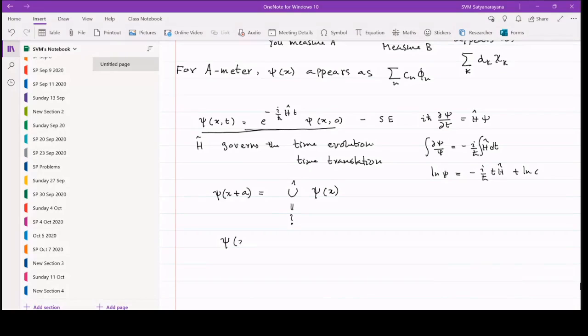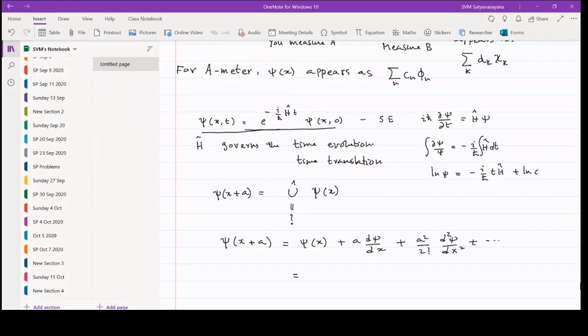For example, suppose I take this psi of x plus a and do a Taylor expansion: psi of x plus a into d psi by dx plus a squared by factorial 2 into d squared psi by dx squared, and so on.